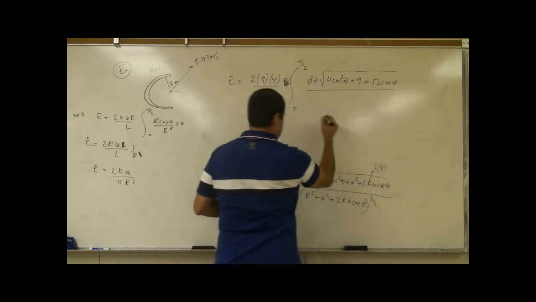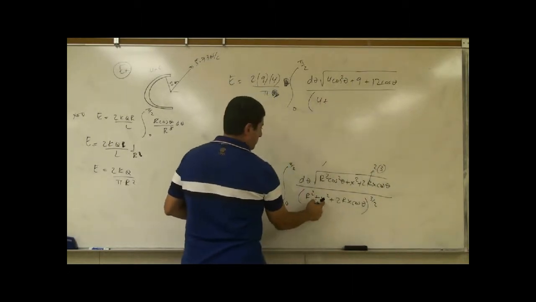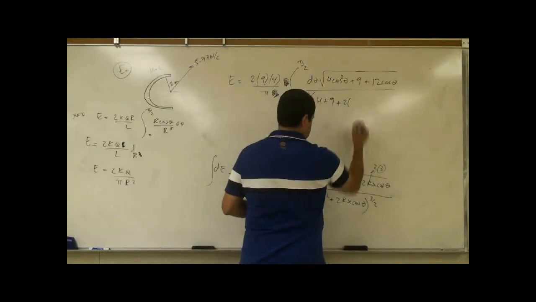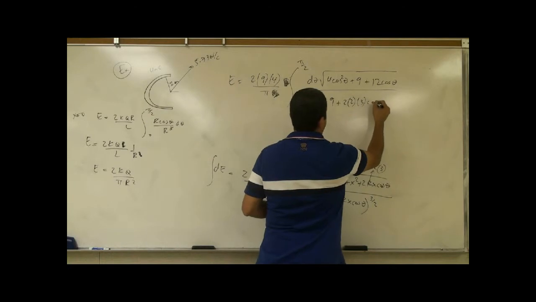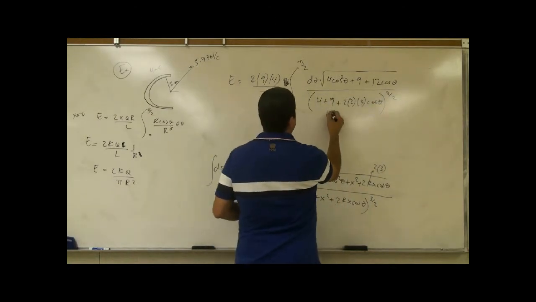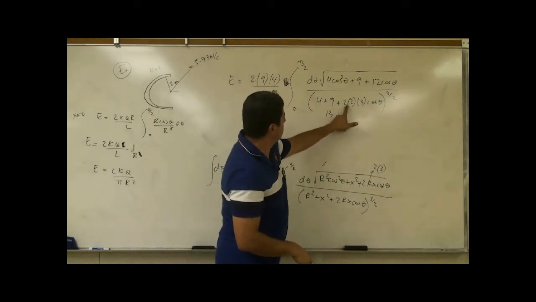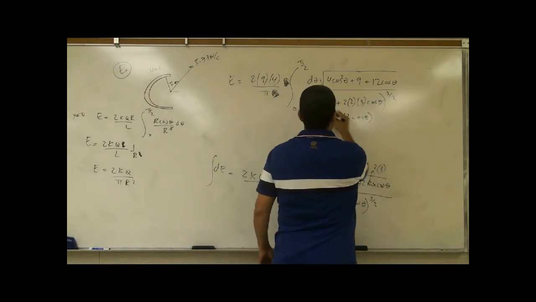Then you divide that by 2 squared plus 3 squared, that's 9, to the 3/2 power. So on the bottom we basically have 13 plus what? 13 plus 4 times 3, 12 cosine theta.